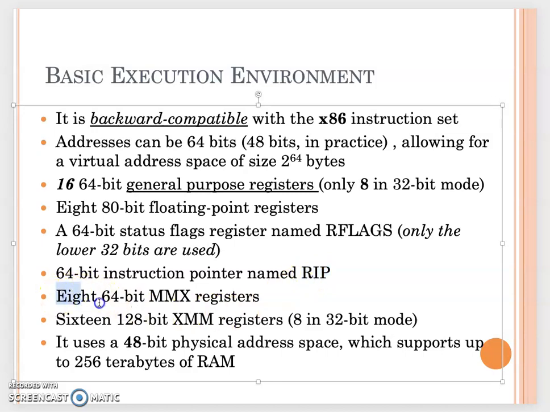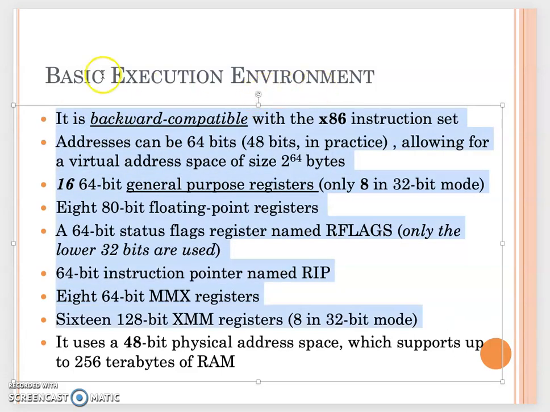Then your MMX register and XMM register: MMX is the same, but the XMM registers from the 32-bit environment are extended to 16. Okay, so that's the change from the 32-bit execution environment to the 64-bit.